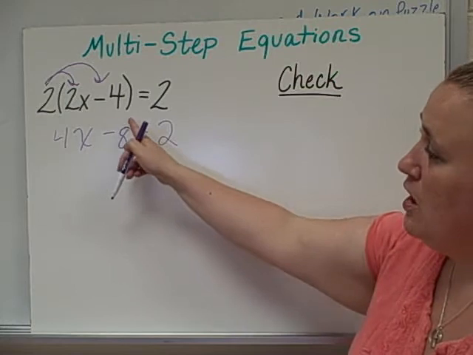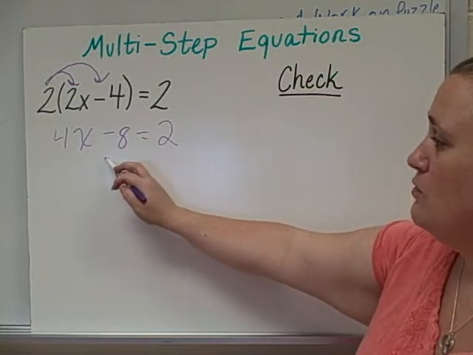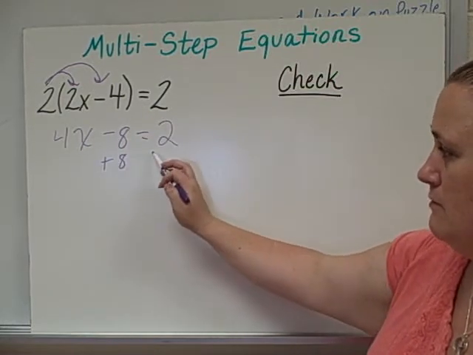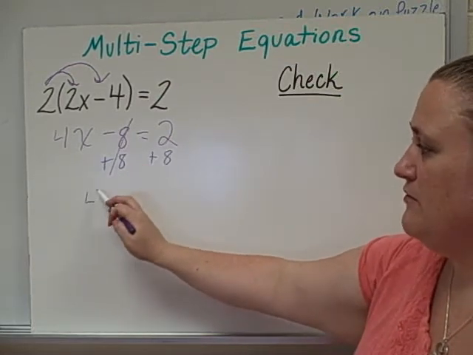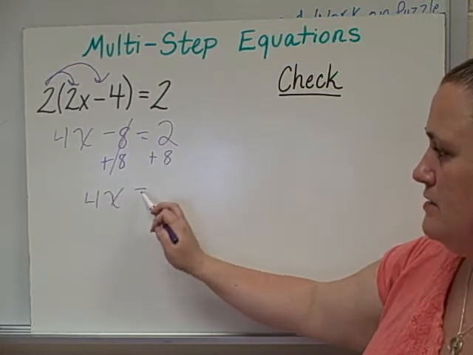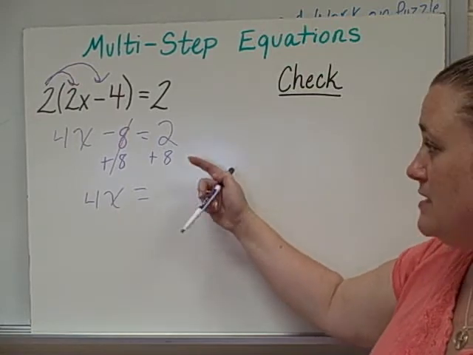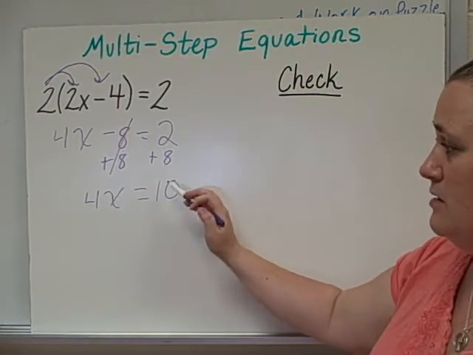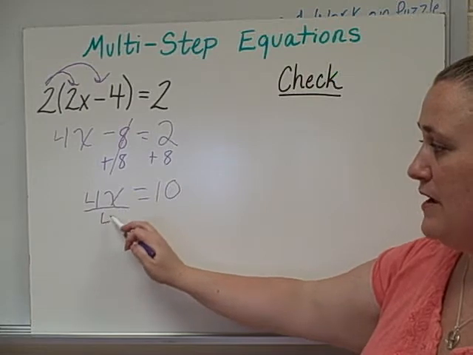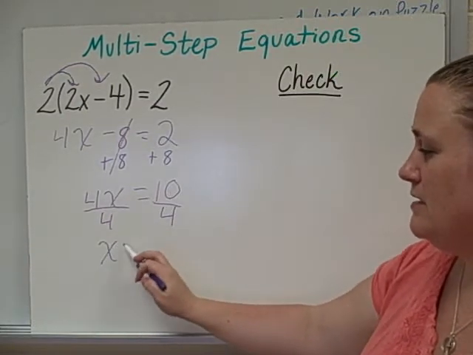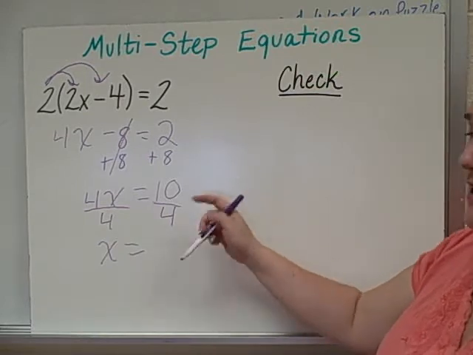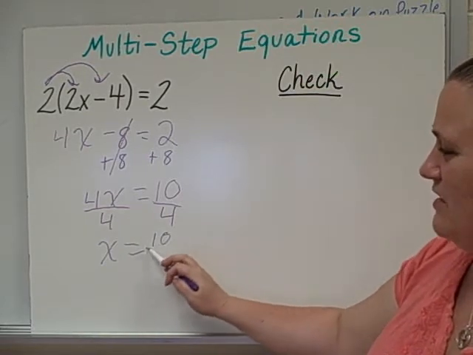Now we need to undo the minus 8 with a plus 8. Those cancel and leave me with 4x. 2 plus 8 is 10, so we divide both sides by 4. X equals 10/4.